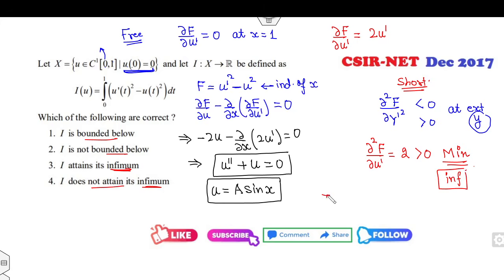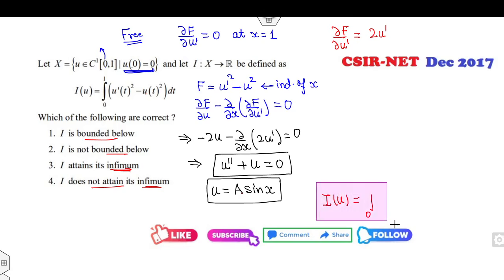Now what is the minimum value? I can find the values at the u. I can substitute this value u in this case. So it's from 0 to 1. What is the a? I have to apply this condition also, because I need to find the value of the u. Can you find the value of the arbitrary constant a?